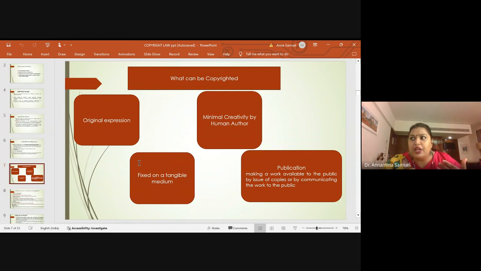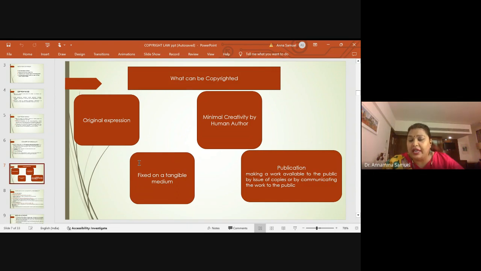if you see any of the makeup artists who apply and come up with the face makeup, then till the time it is there on the face, it is not a permanent medium. You cannot call the face a permanent medium, be it the ice sculpture. Once the ice starts melting, there is no medium which is existing. So these are some of the contested areas wherein you will find, yes, it is original.